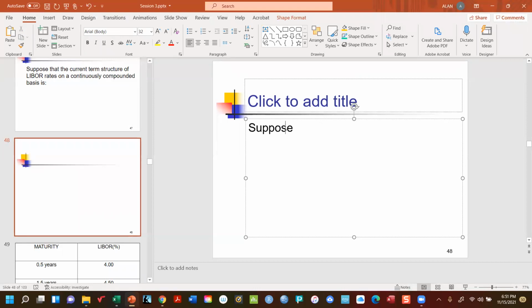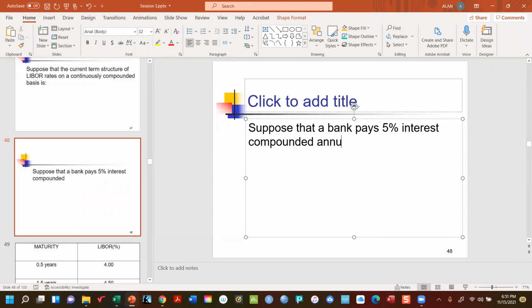Suppose that a bank pays 5% interest compounded annually for 1 year.